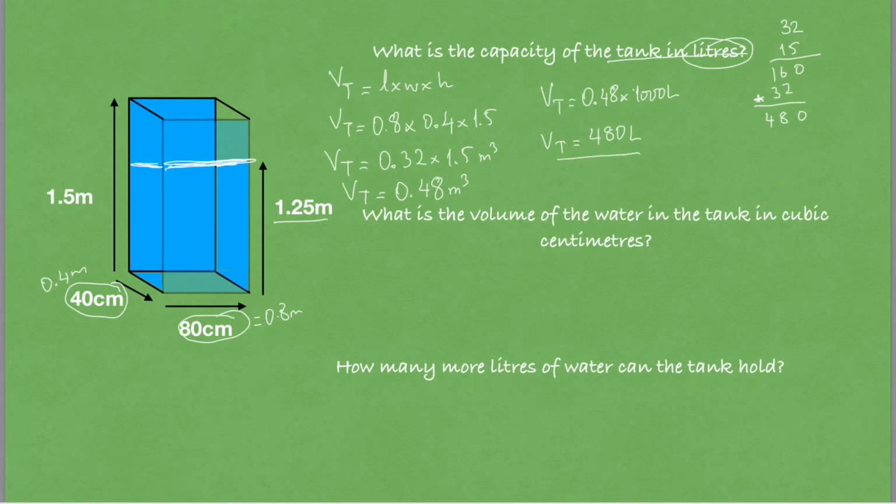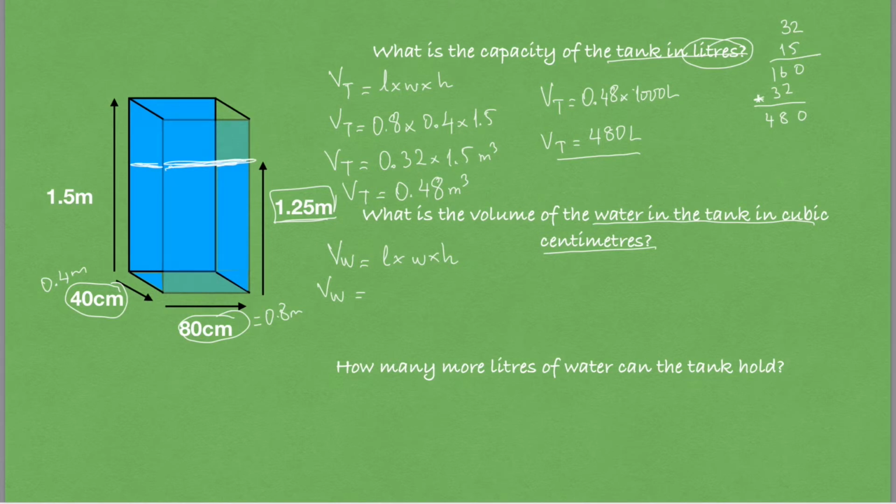Then, what is the volume of water in the tank in cubic centimeter? This time we are going to convert to centimeter, but the height of water is 1.25 and the volume of water equals length times width times height. We need to choose the correct length, width and height.